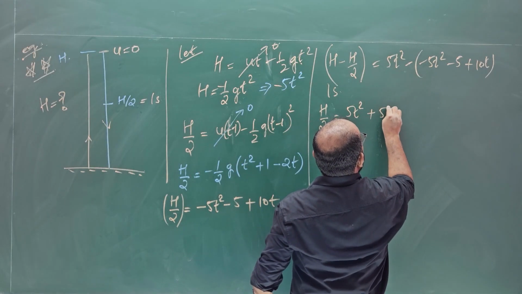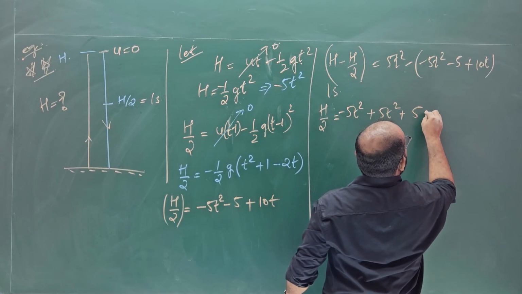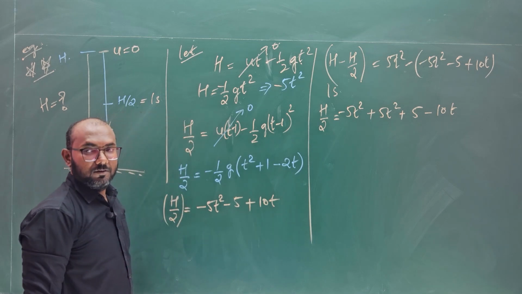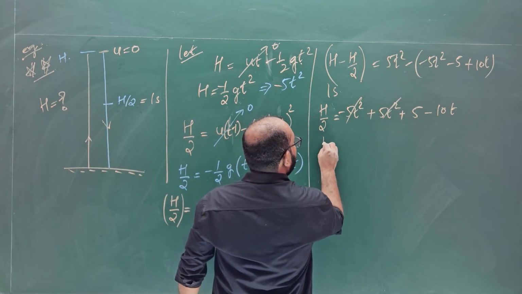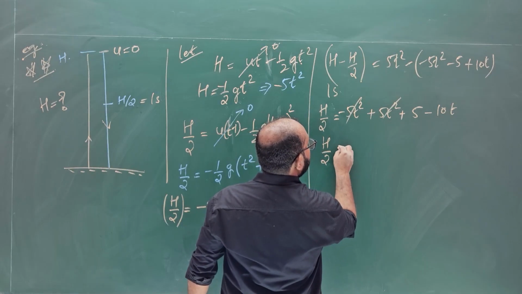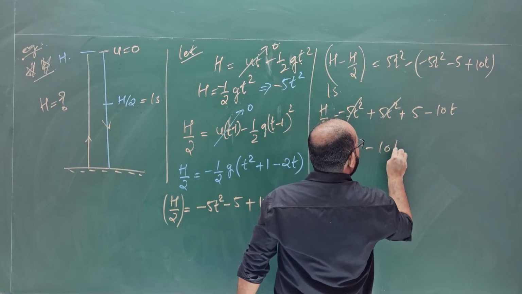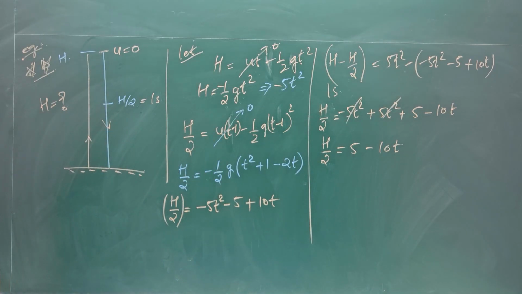So this becomes 5t square plus of 5 minus of 10t. Okay, now can I cancel this and this? So h by 2 is equals to 5 minus of 10t. Can I? Till here any doubt?